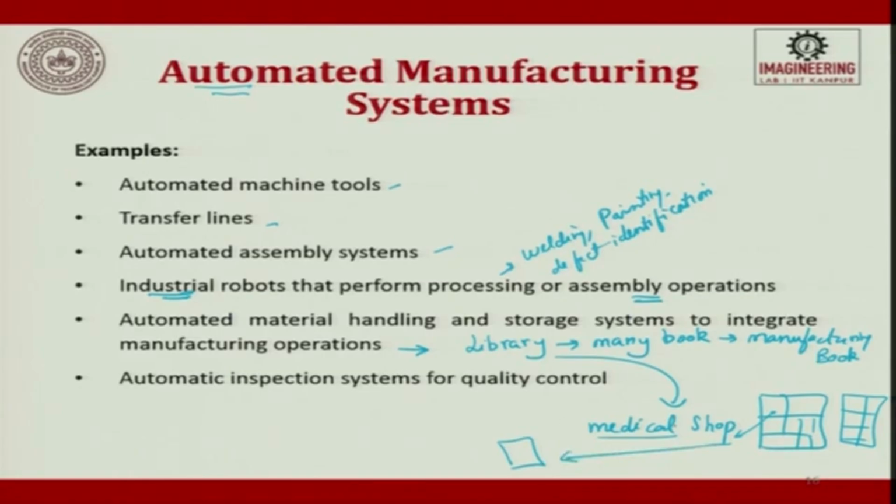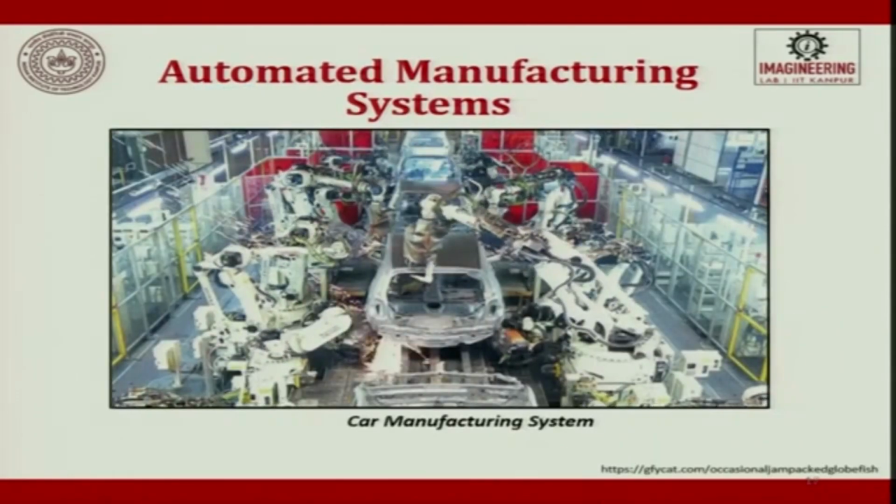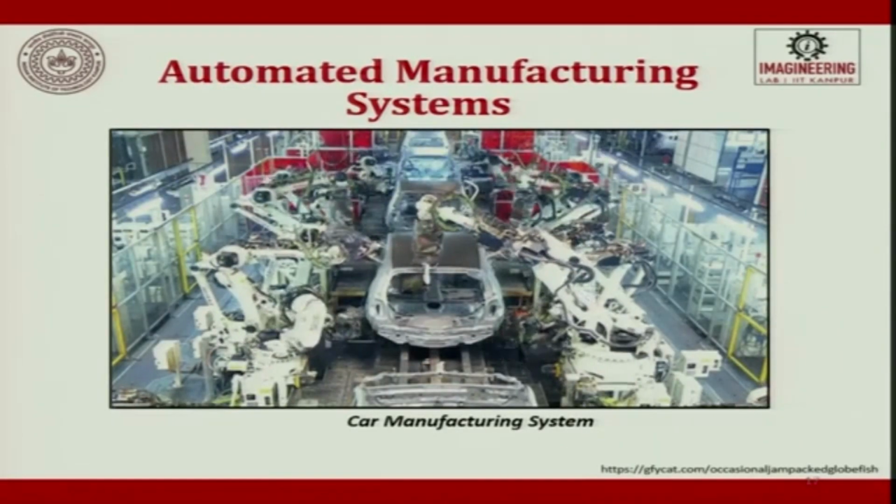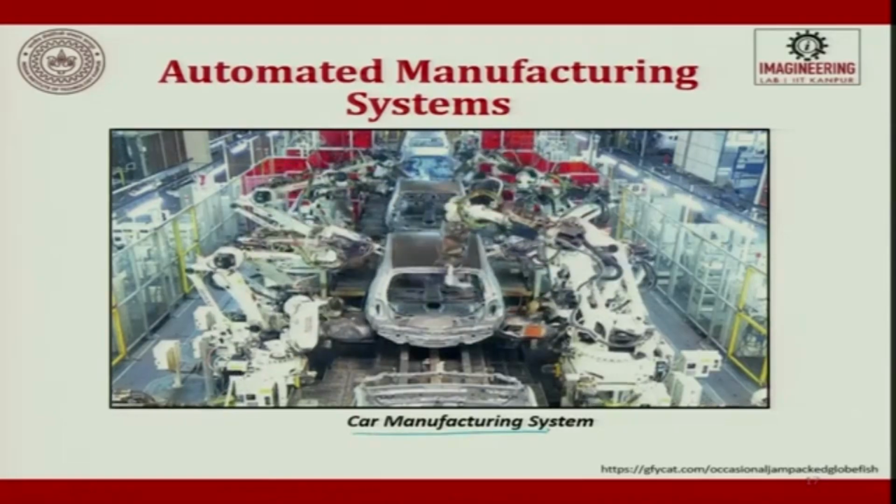So, here it is manual, but suppose if you can do it automatically, that will be great. So, that is what is automated material handling and storage system. So, he is using 3-dimensional space, he tries to load at the location, and when he wants, he pulls it out from the location.